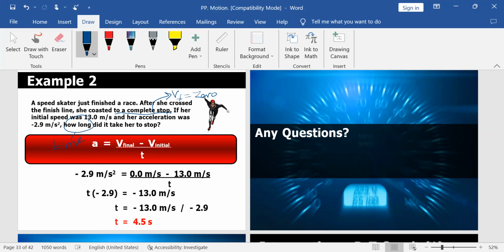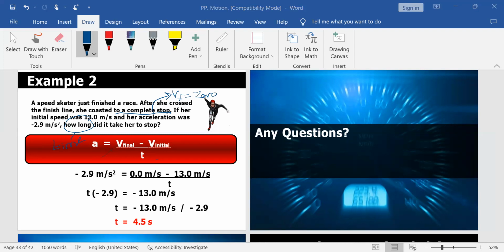So you write the formula: acceleration equals V final minus V initial over time. Cross multiplication, to make time the subject. Then just substitute. You're going to find that time will be 4.5 seconds. Clear? Do you have any problem? No. Okay.